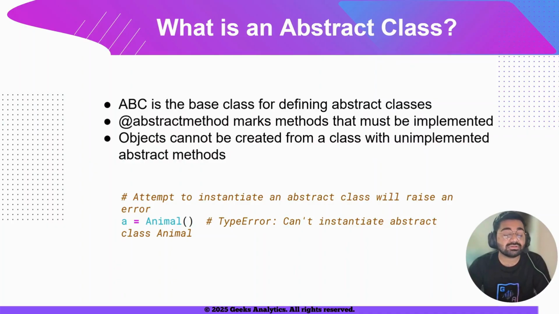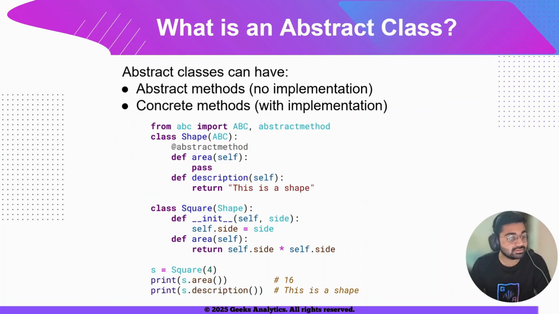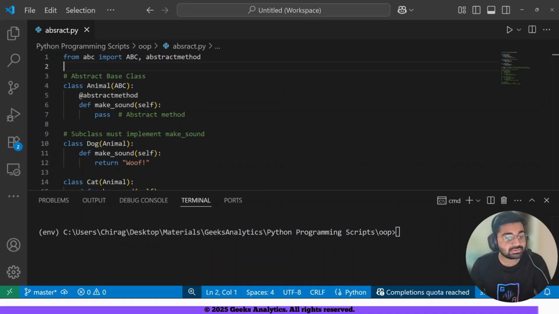Whatever methods you define in the abstract class should use the abstractmethod decorator, which marks that the child must override that method; that is a compulsion. Any abstract method that is not implemented in the child class will raise a TypeError.